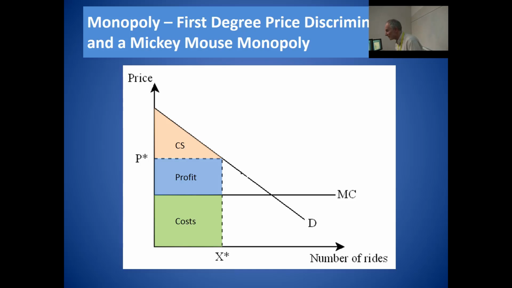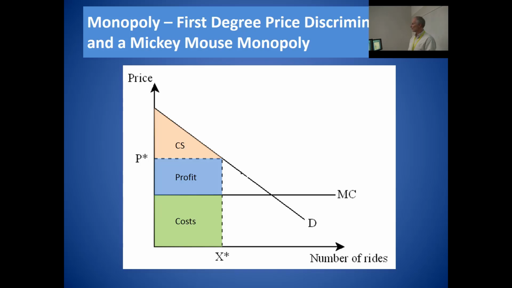That's the net benefit they derive of paying a lower price for something they value more highly. They pay a price of P star, but they would have been prepared to pay more. So that total area, those three shaded areas, is the total willingness to pay for those X star rides.